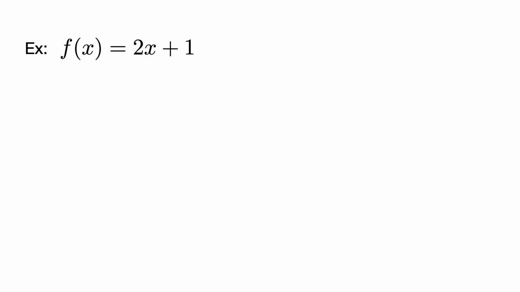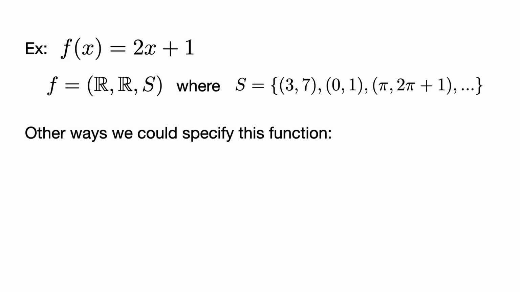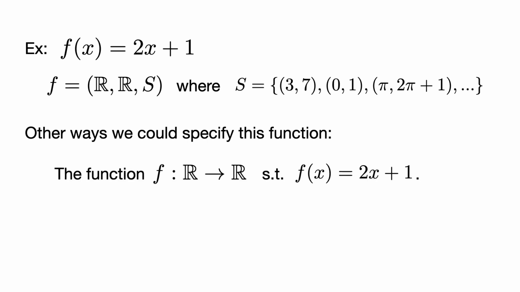So here's that example again. In this case, the function f maps the real numbers to the real numbers, and S is the set of ordered pairs. Here are some of those ordered pairs: (3, 7), (0, 1), (pi, 2 pi plus 1). But this set S is infinite in this case. There's one ordered pair for every real number. Other ways we could specify this function: we could say the function f maps the real numbers to the real numbers.